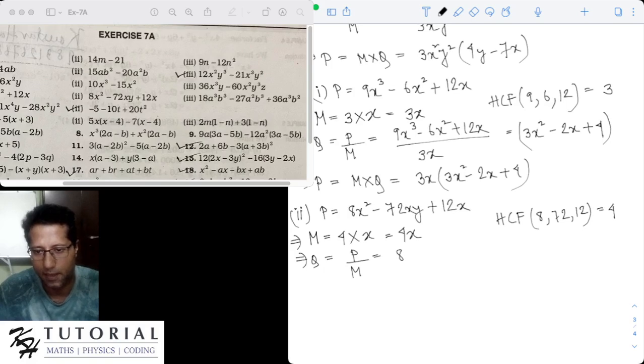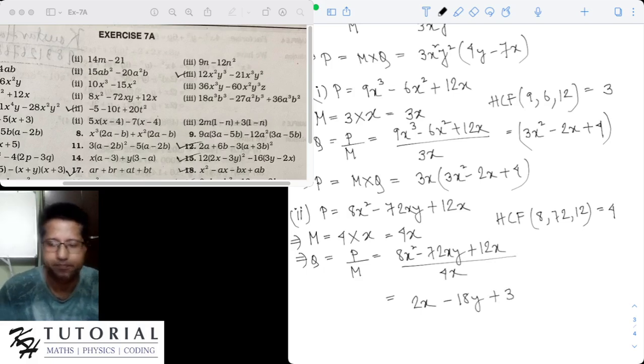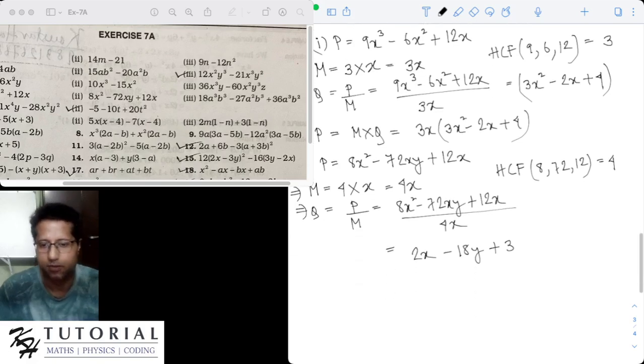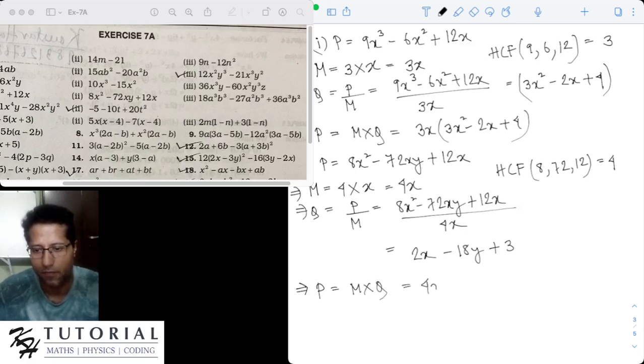So 8x square minus 72xy plus 12x divided by 4x is equal to 2x minus 18y plus 3. Q is this. So now we can say that the factorization of the polynomial p will be equal to m multiplied by q. That is, m is 4x and q is 2x minus 18y plus 3.